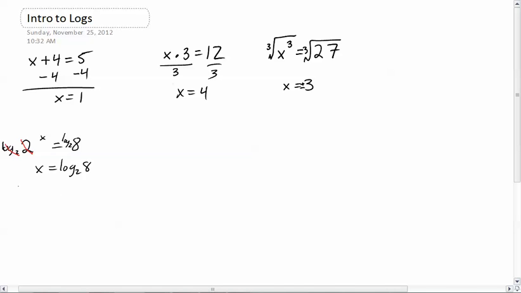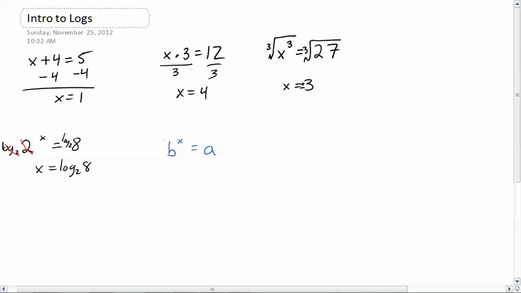Now, we'll learn other ways to simplify this and work with it later, but I wanted you to recognize first that's what it is. That's all it is. It's just the opposite of an exponential. This leads us to the basic definition of logs, which is: if I have a number to the x power equal to another number, then I can rewrite this as a logarithm.